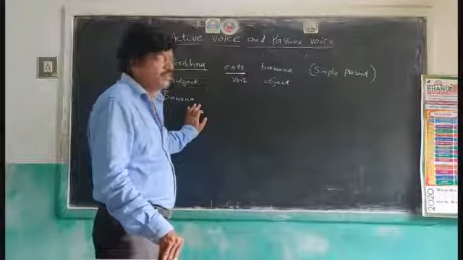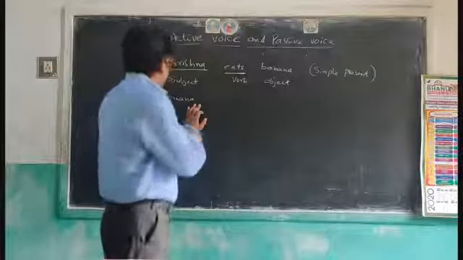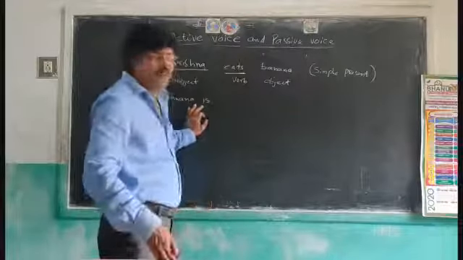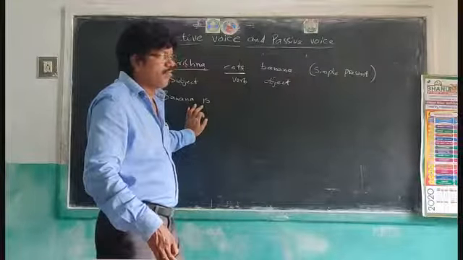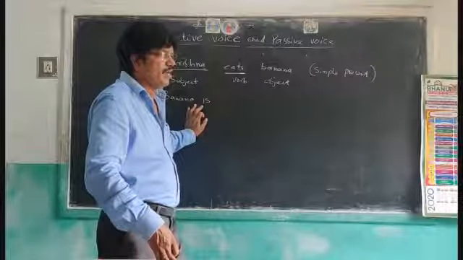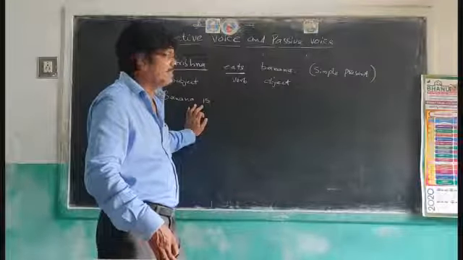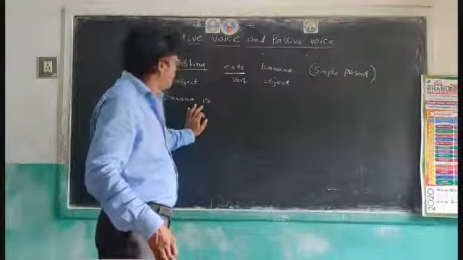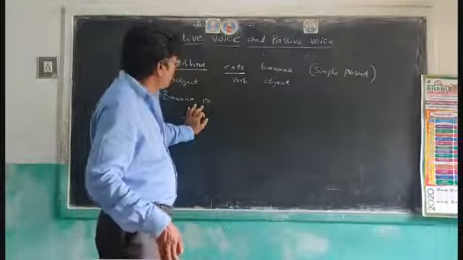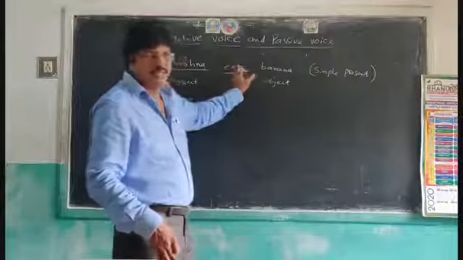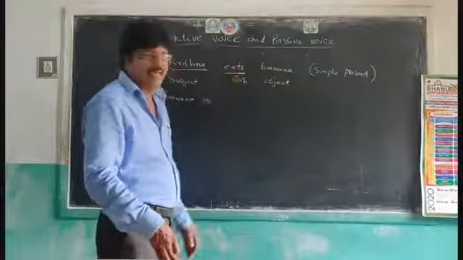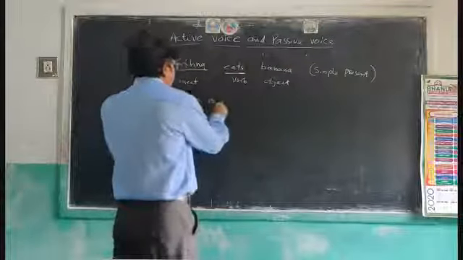Use the be form. Banana is. In passive voice we use the V3 form of the verb. What is the V3 form of eat? Eat, ate, eaten. Banana is eaten.